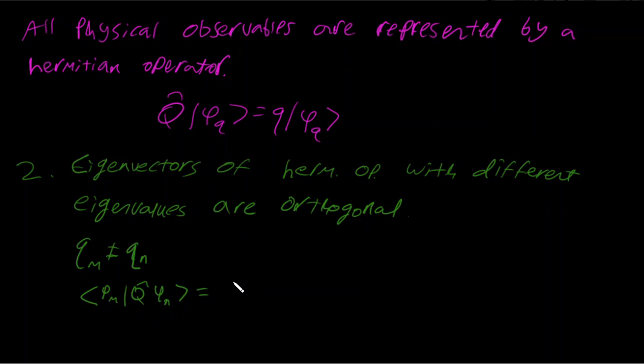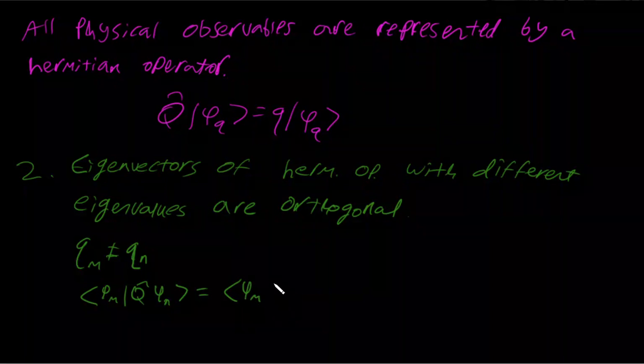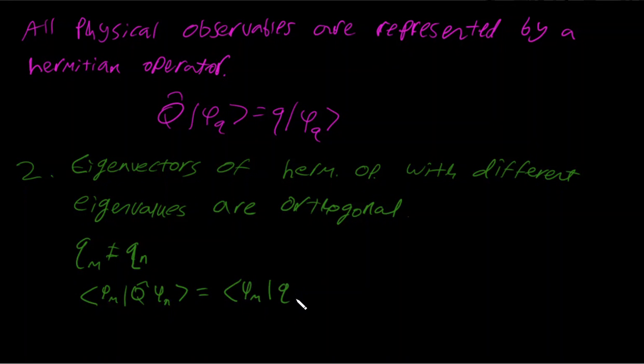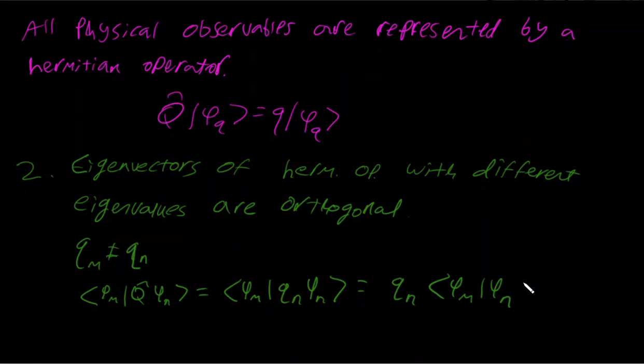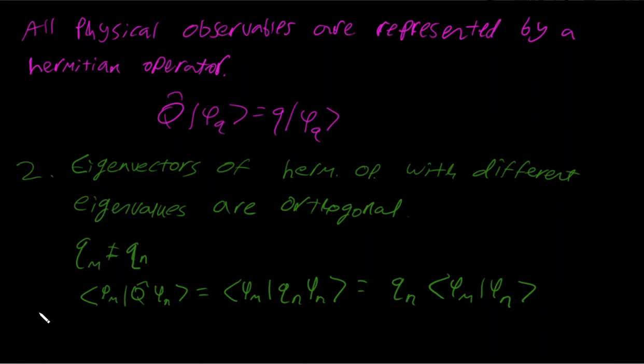And this is equal to phi m inner product with qn times phi n, which is, we can take this constant out. This is qn times the inner product of phi m and phi n.